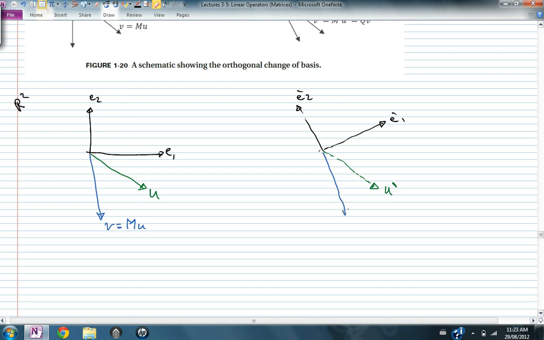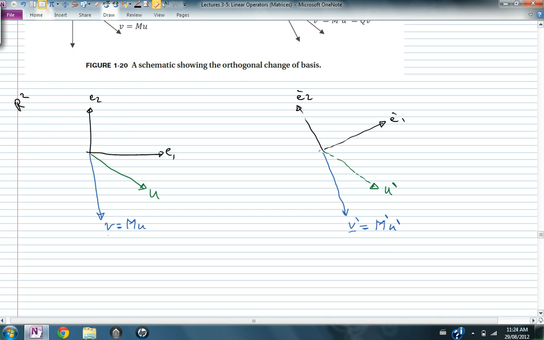Now I have another vector here, v prime, which is equal to the matrix expressed in the new coordinate system multiplied by u prime, which is expressed in the new coordinate system. And of course, v prime has to be v, but in the new coordinate system.